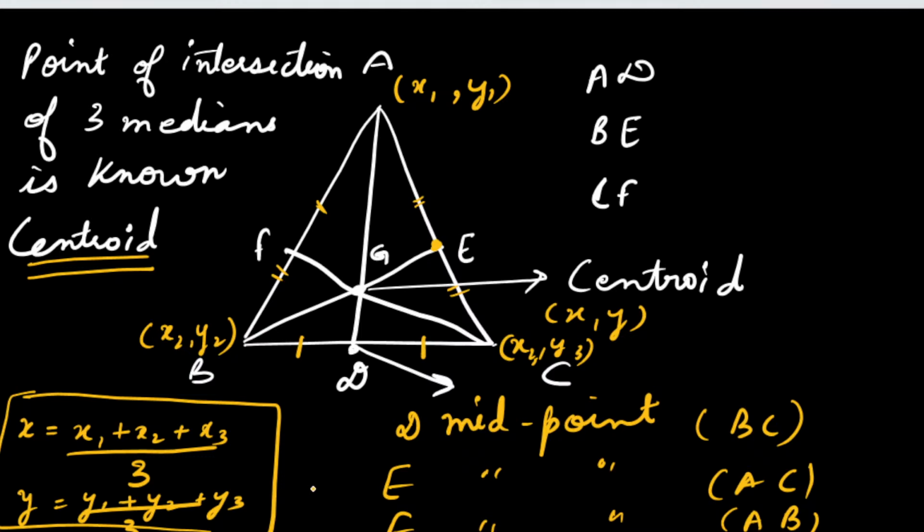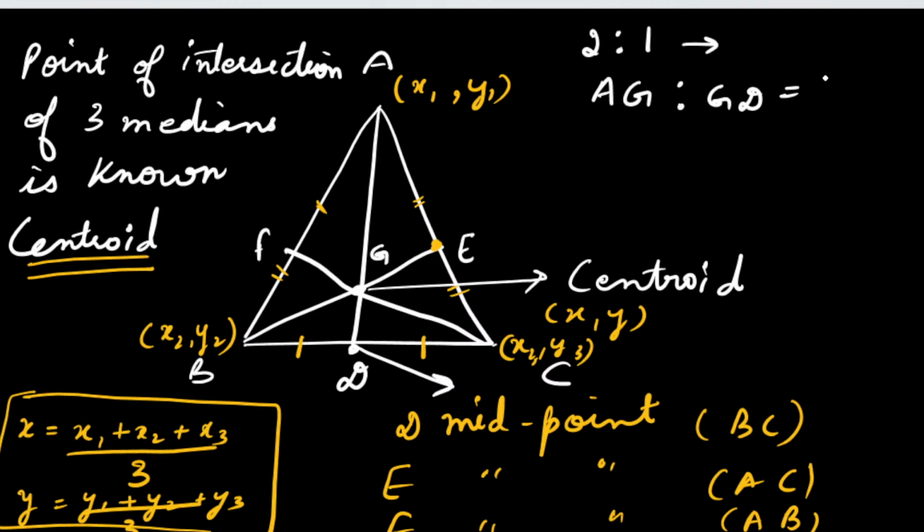Another thing which you should know regarding the centroid: the centroid will divide the median into the ratio 2 is to 1. Like it divides AD in this ratio. So AG is to GD is 2 is to 1.